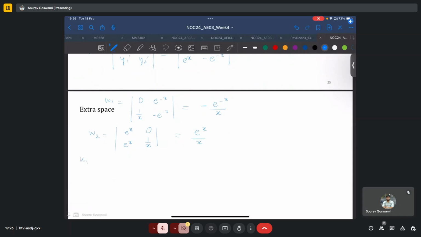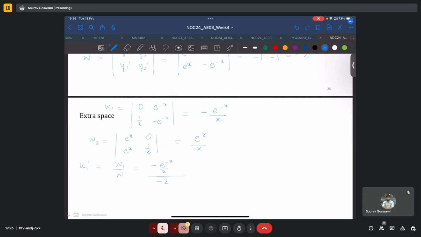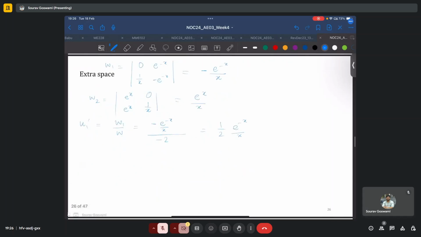Now the function u1 prime is given by w1 by w, which is minus e power minus x by x divided by minus 2, or half e power minus x by x, and this would imply that u1 is equal to half times the integral of e power minus x by x dx.